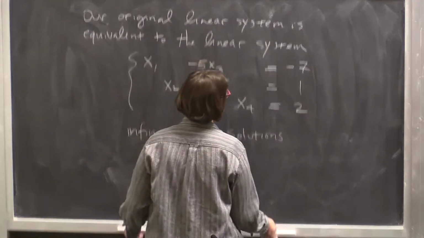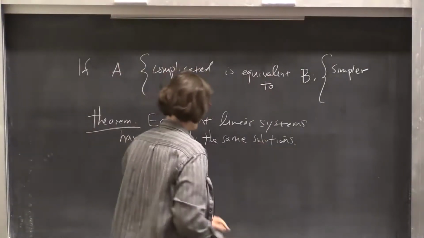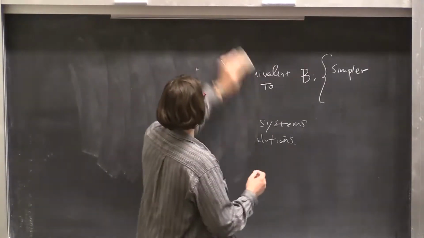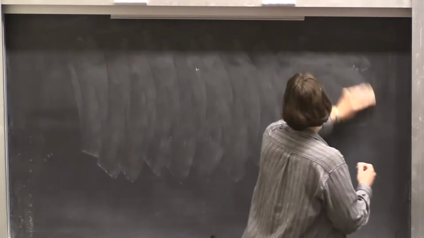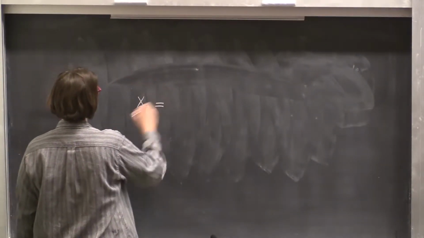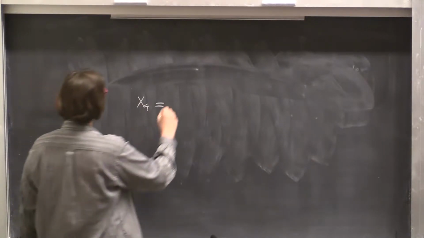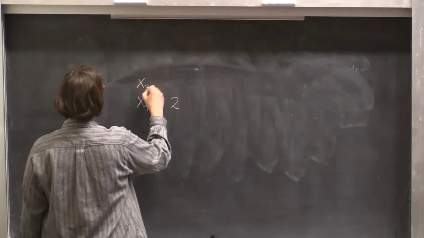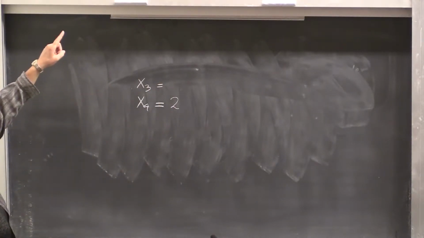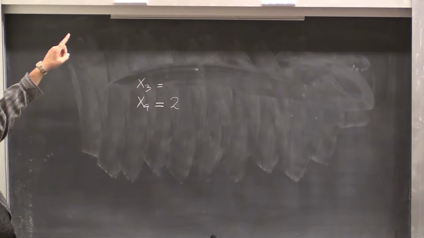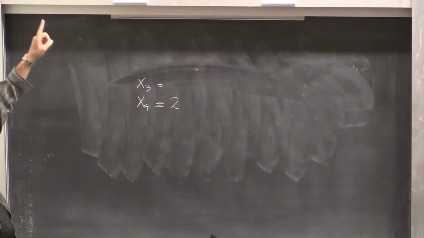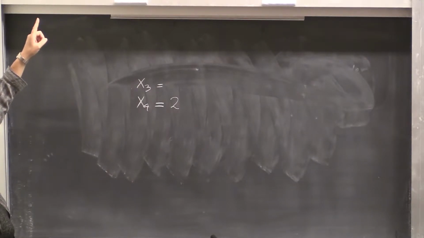So now I'm going to write down the infinitely many solutions. First of all, I know for sure that x4 is equal to what? 2. Now x3, I don't know what it is, but if I told you that x3 was 10, you could use equation 2 to tell me what x2 is. And similarly, you could use equation 1 to tell me what x1 is.